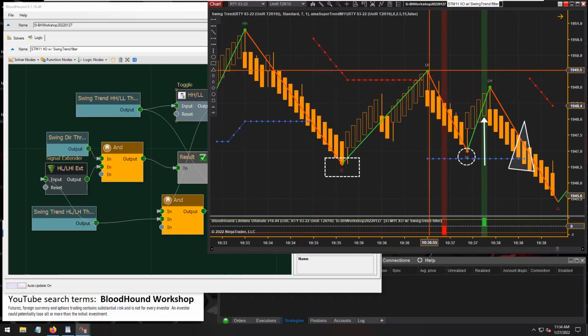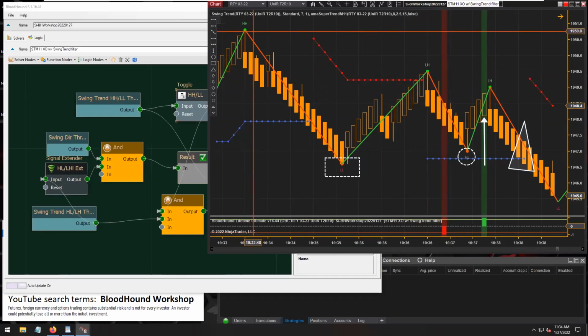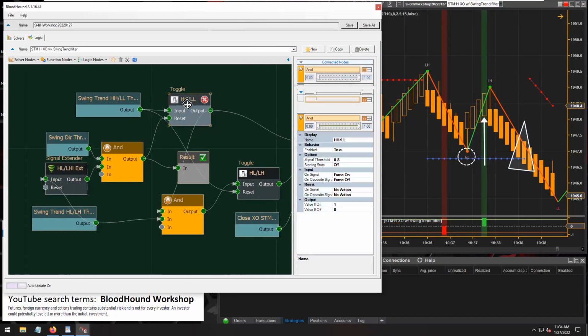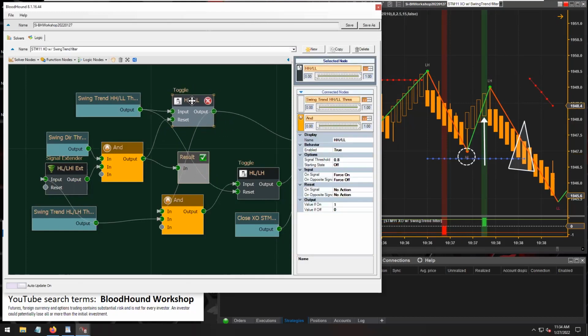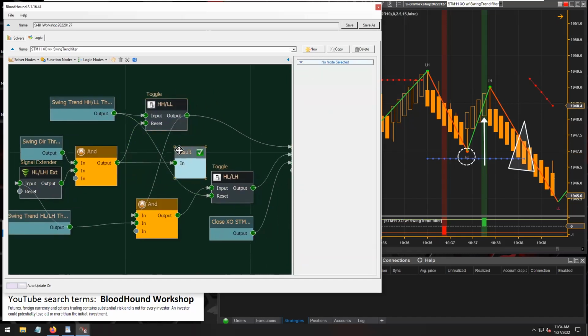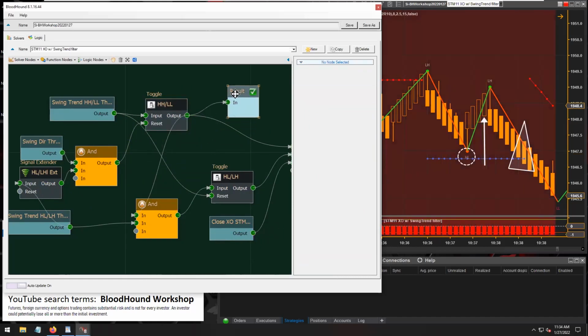But then when we go to a lower high, we could use this lower high signal to turn off the higher highs as well. So let's connect that into the reset of our toggle node for the higher high and lower low toggle node there. Okay, so let's connect that in.